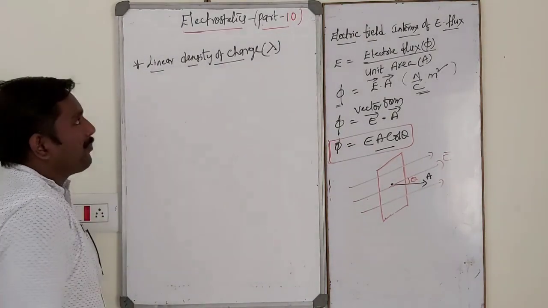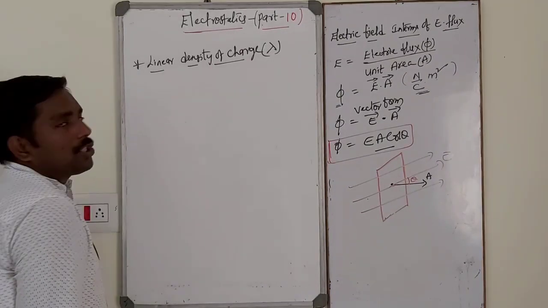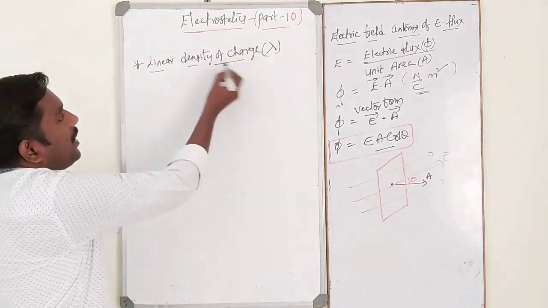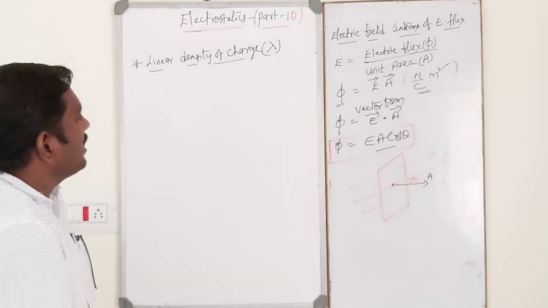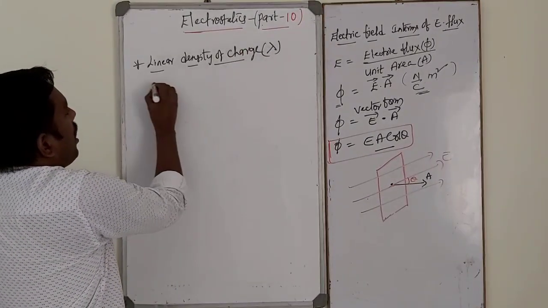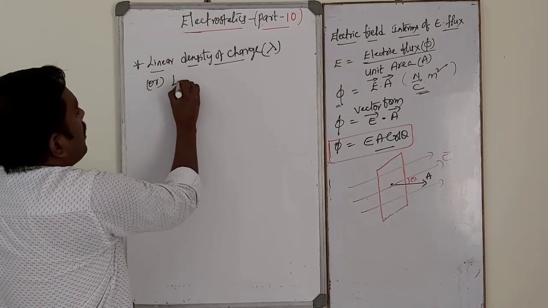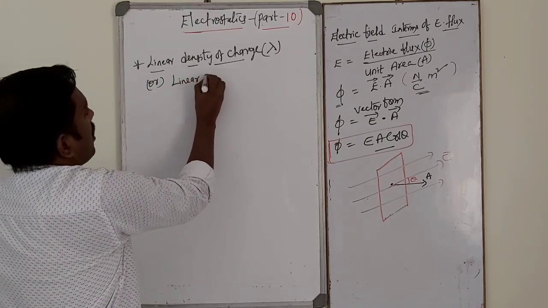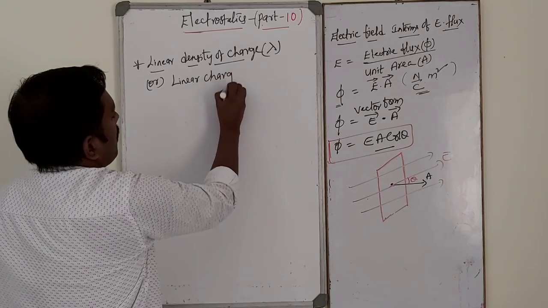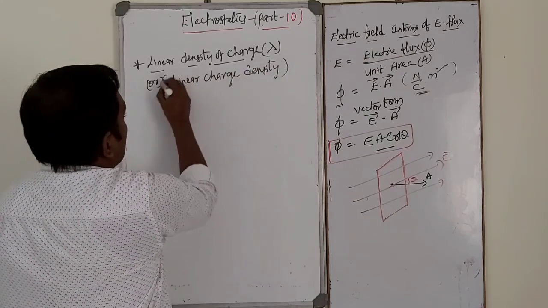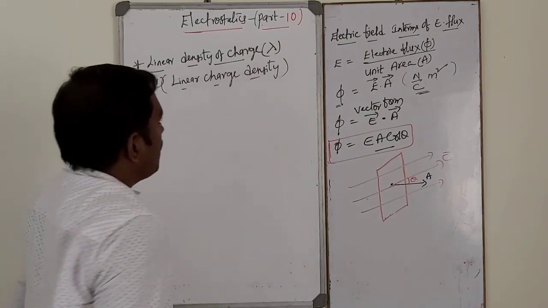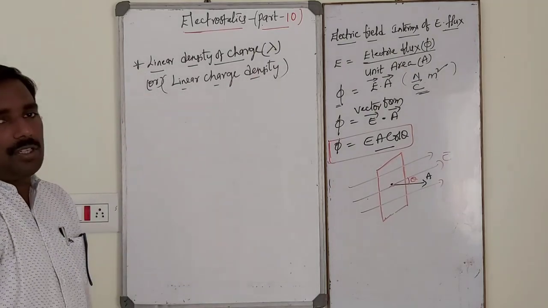First one is linear density of charge or linear charge density, whatever.